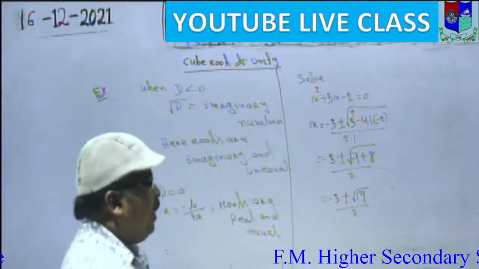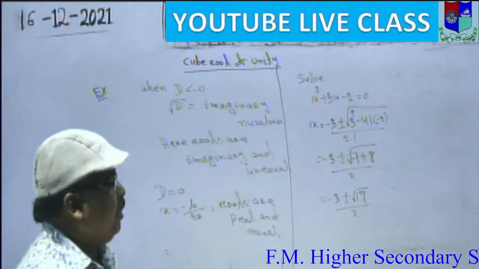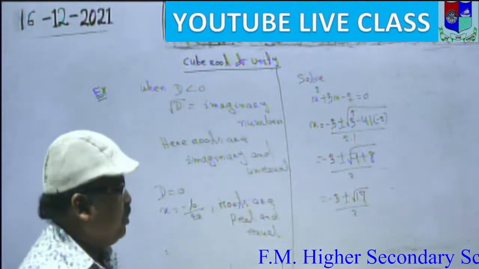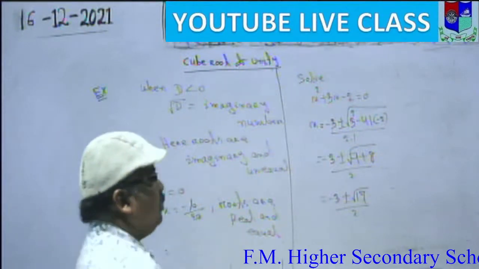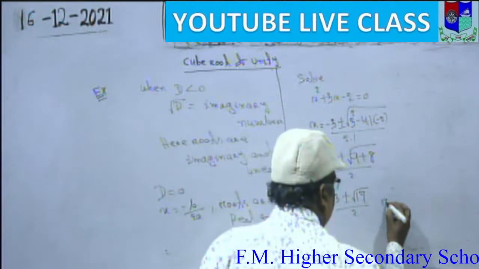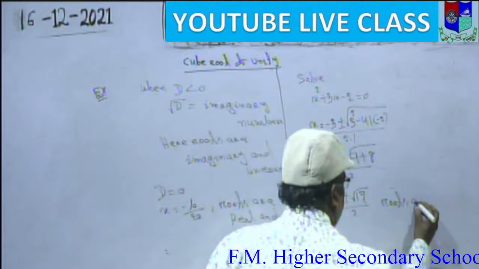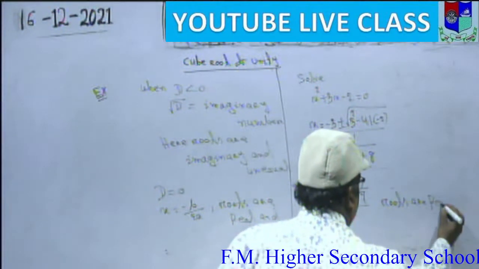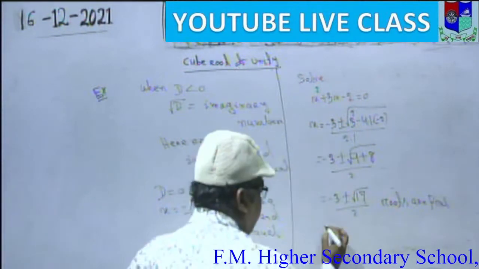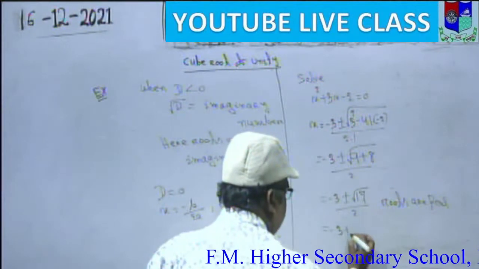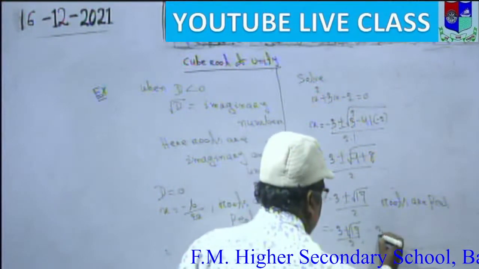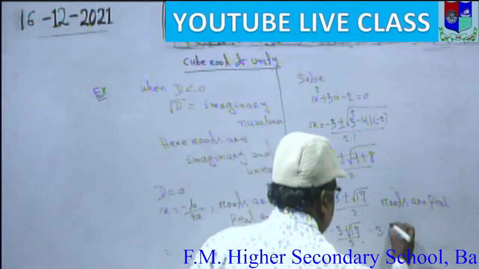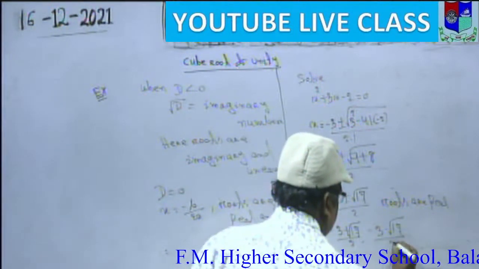Here we find 17, a positive number, so its square root will be real. So the roots are real: one is minus 3 plus root 17 by 2, other is minus 3 minus root 17 by 2.